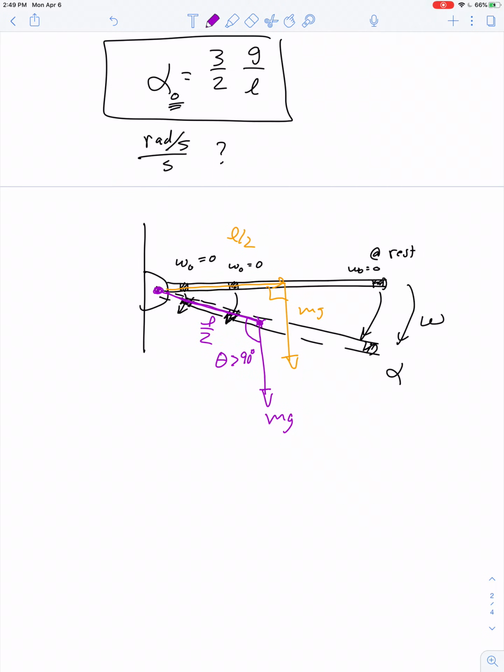So because of that, the torque went from being equal to mg times L over 2, I'm tempted to write times sine of 90 degrees, but we know that's just 1, that's our initial torque. But when the beam reaches position number 2, the torque becomes mg L over 2 sine of theta, where theta is most definitely not equal to 90 degrees. And so the torque has decreased. You have the maximum amount of torque when it's in its initial position.